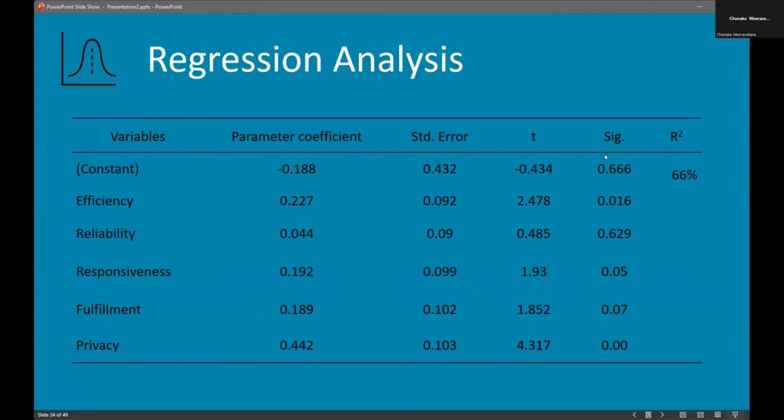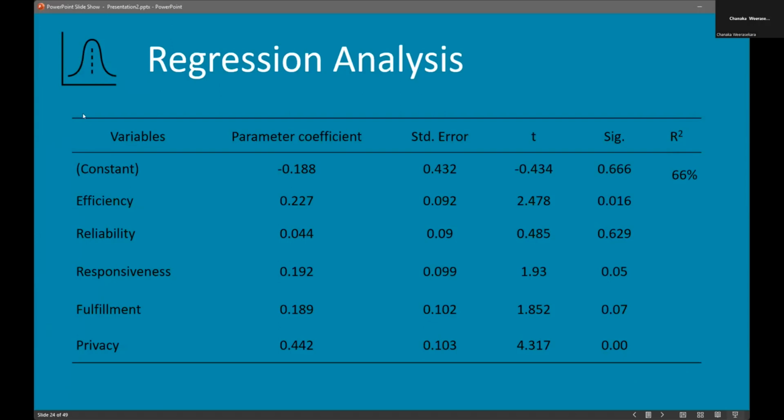Standard error, t values, significant values, and R2, which is basically what we call the explanatory variable, right? That should also be presented like this. All these values can be extracted from the output of the SPSS analysis for the regression.